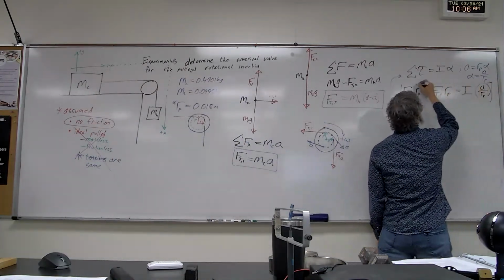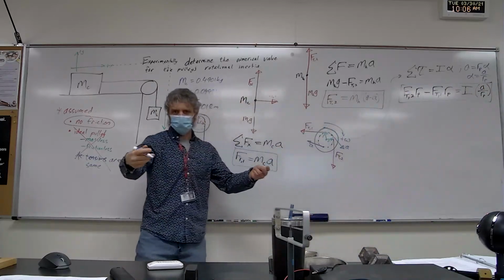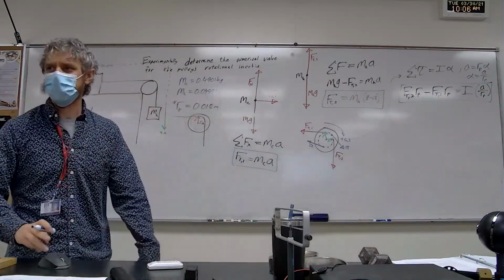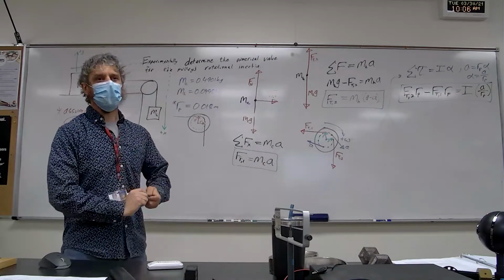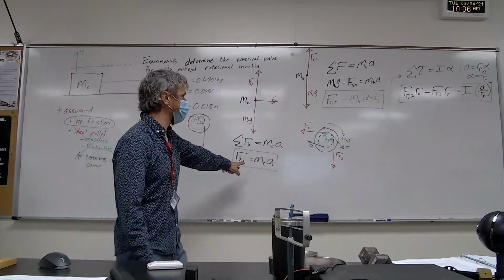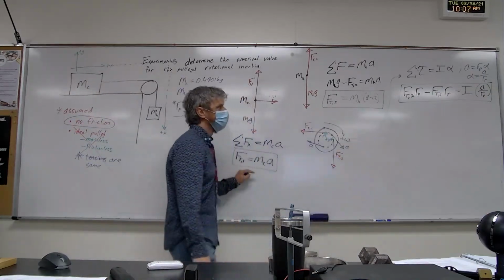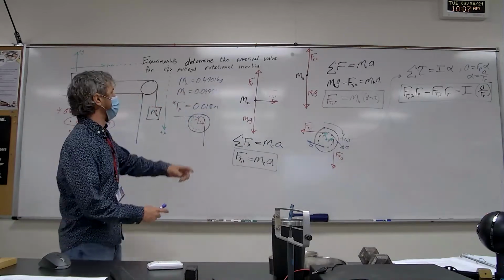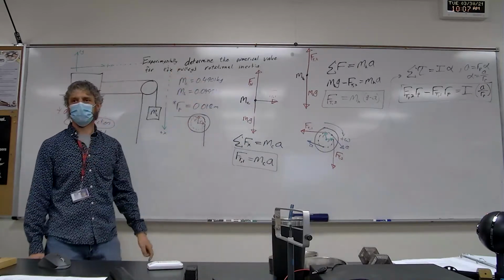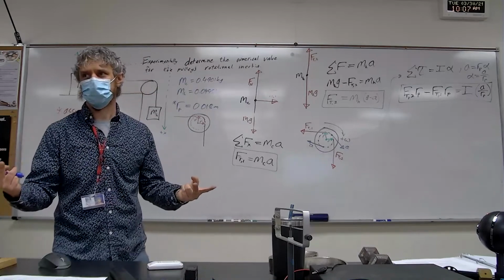As long as I run my experiment and experimentally determine the acceleration, which is in all three of the equations, the only three unknowns would be what I'm looking for, the rotational inertia, and the two tensions.